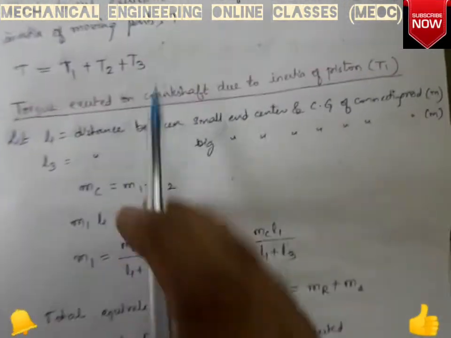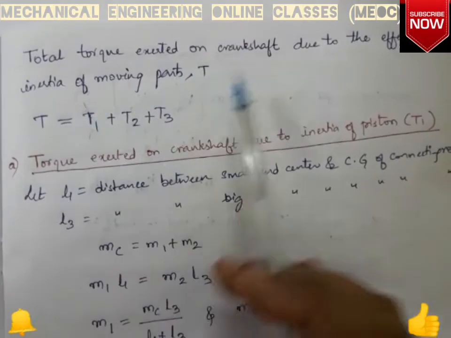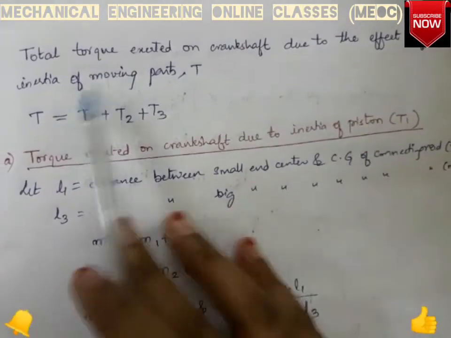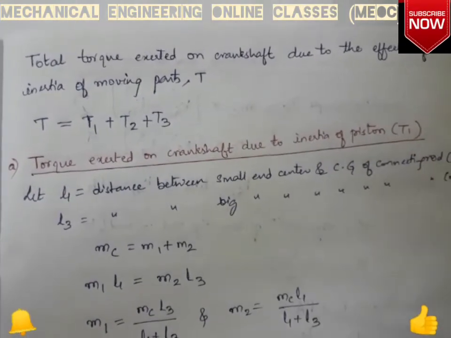Summing all these three torques gives the total torque exerted on the crankshaft due to the inertia of all the moving parts.